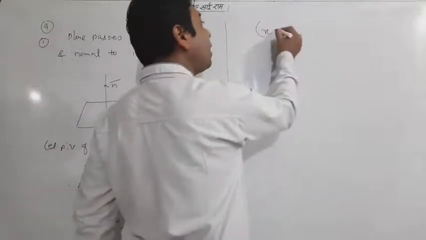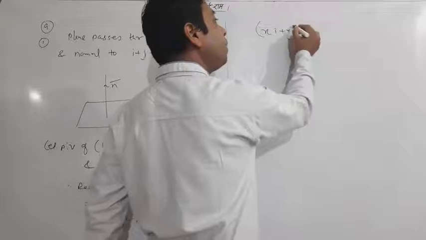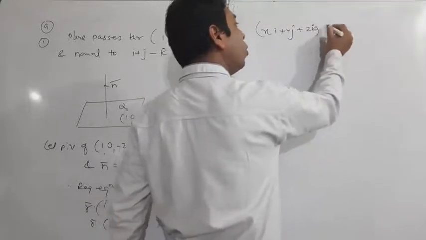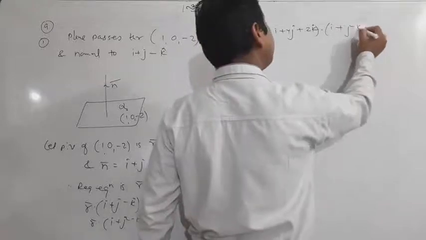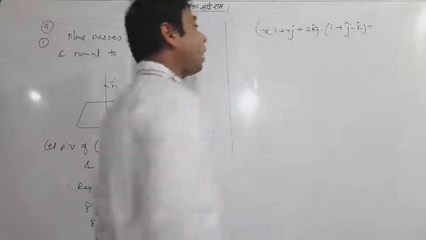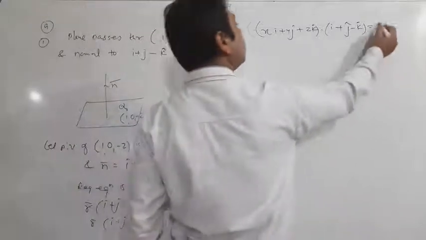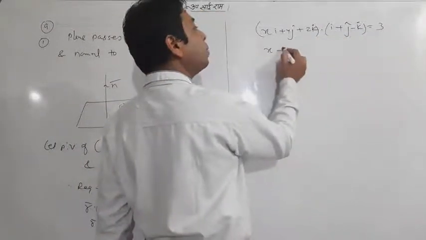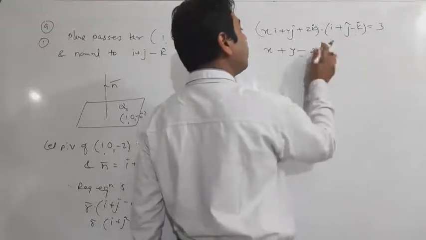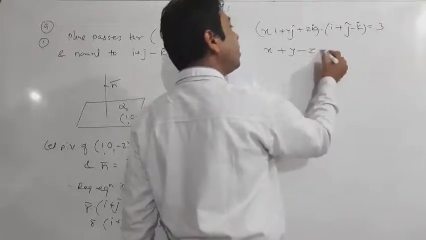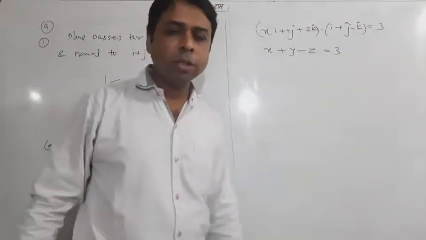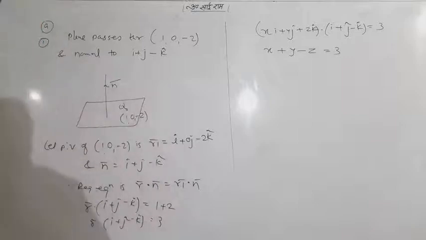So xi plus yj plus zk dot i plus j minus k equal to 3. This is simple. Dot product: x plus y minus z equal to 3. This is the Cartesian form. I don't think it's tough, it's a very easy thing.